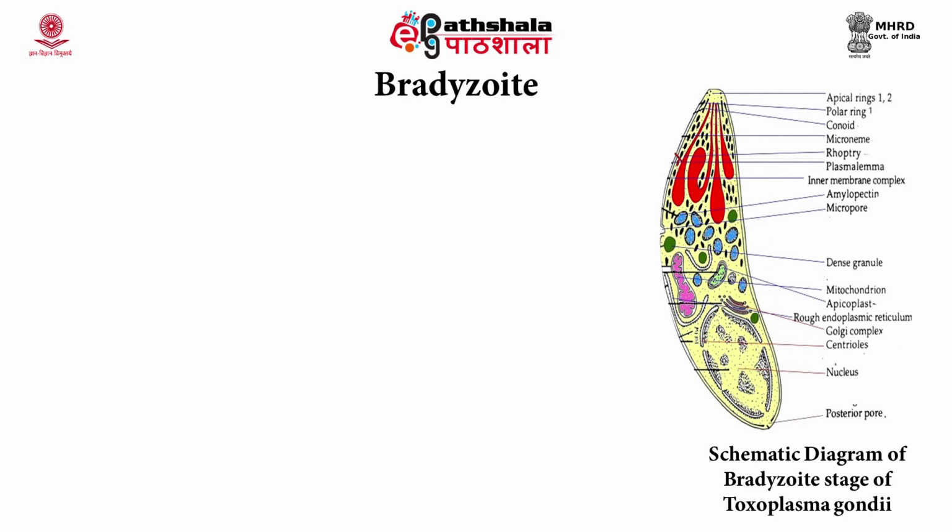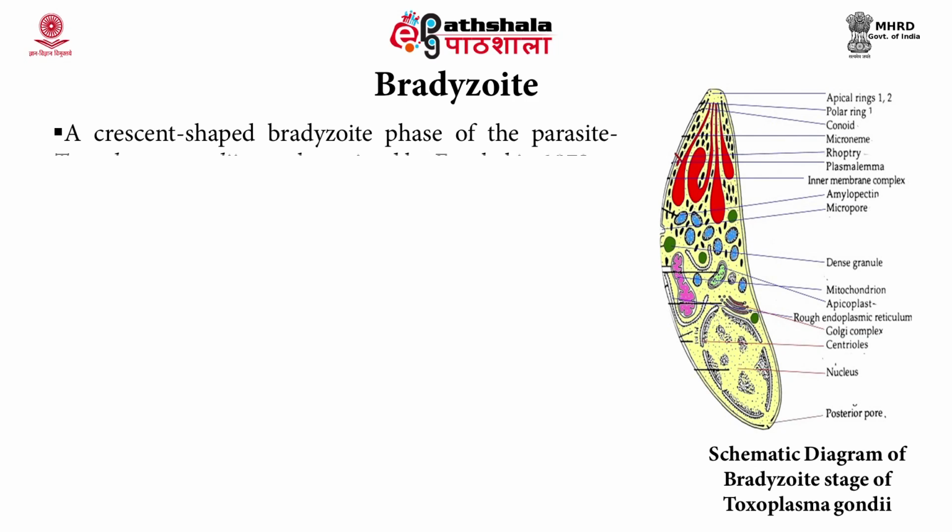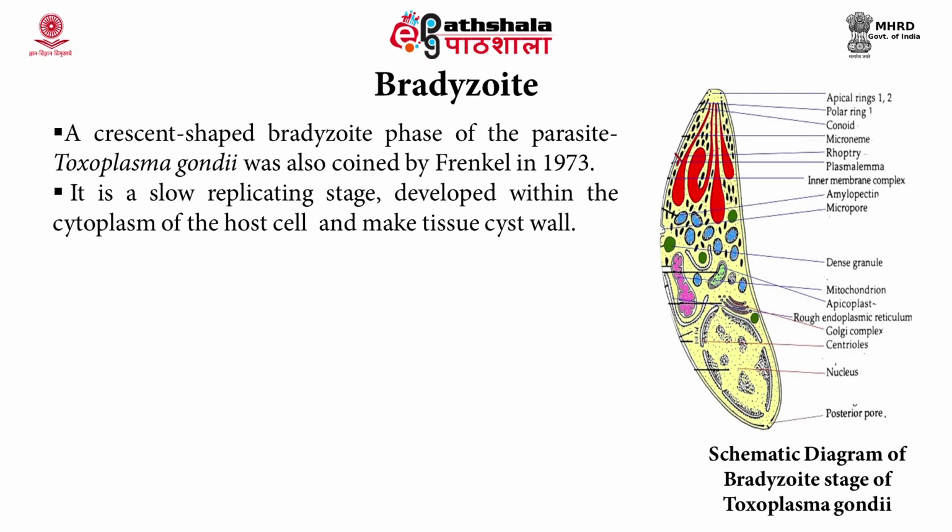The second phase of Toxoplasma gondii is the Bradyzoite. The Bradyzoite, a crescent-shaped phase of the parasite, was also coined by Frenkel in 1973. It is a slow replicating stage developed within the cytoplasm of the host cell that makes a tissue cyst wall.